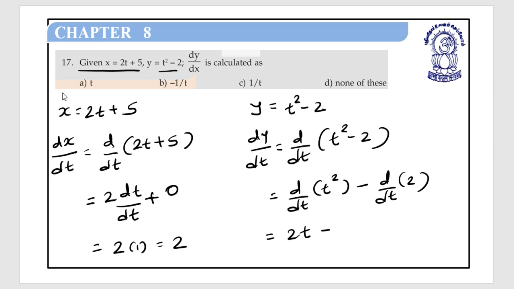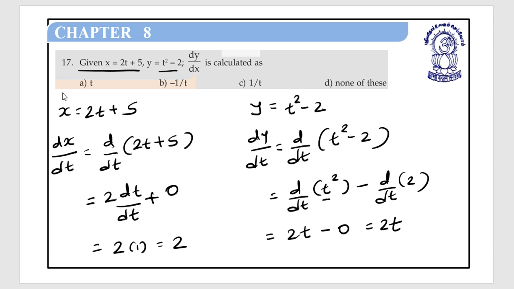Again remember the formula: differentiation of x raised to n is equal to n into x raised to n minus 1. Here, instead of x, t is present. So d by dt of t square is equal to 2t. Differentiation of a constant is 0, so dy by dt is equal to 2t.